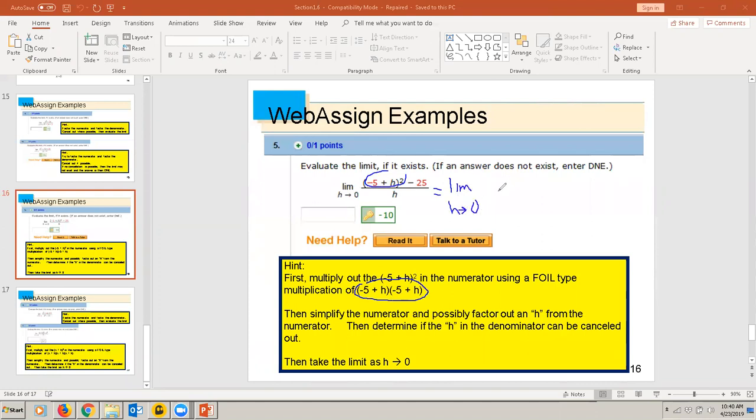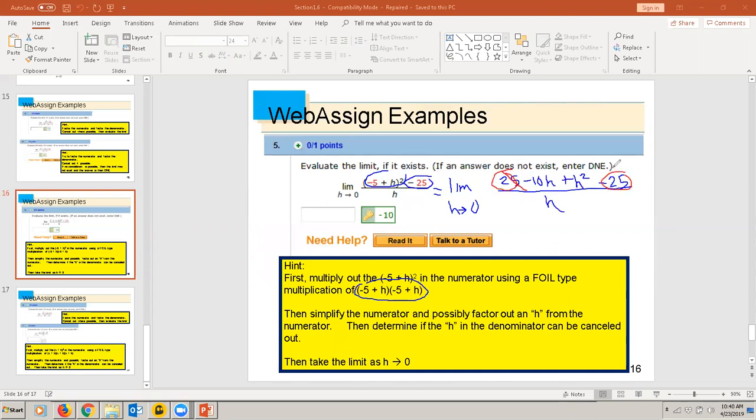So if I do that multiplication on the top, that's going to be 25 minus 10h plus h squared. I'm just doing a FOIL multiplication on the top. And I'm also going to bring with me this subtract 25 as well over h. Well, notice the 25s cancel out on the top because I have a 25 subtract 25.